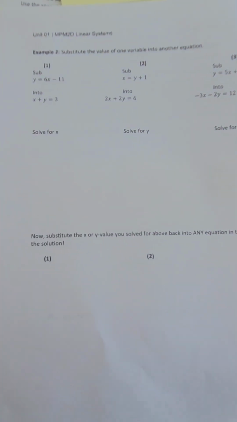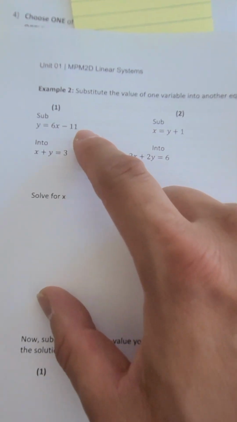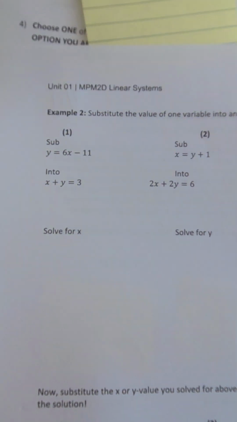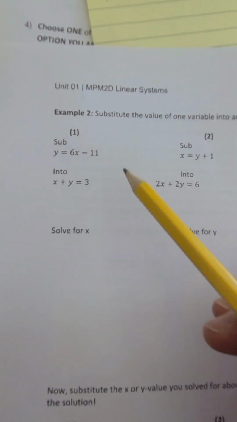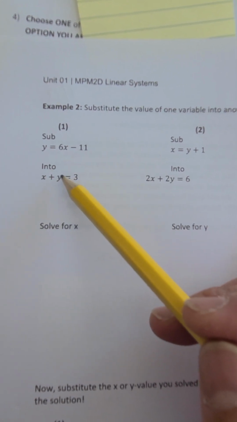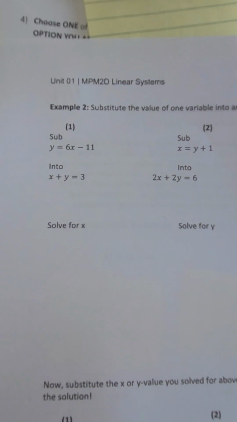Right now, for this one, we're still somewhat guiding you, okay? So the first one here, you have two equations. Now they're telling you to substitute y equals 6x minus 11 into this equation here, and then to solve for x.